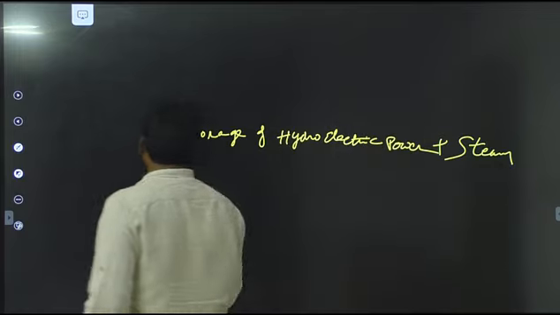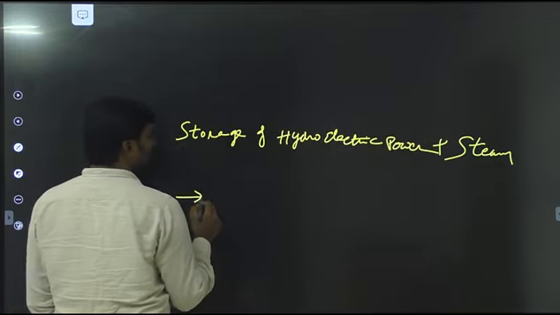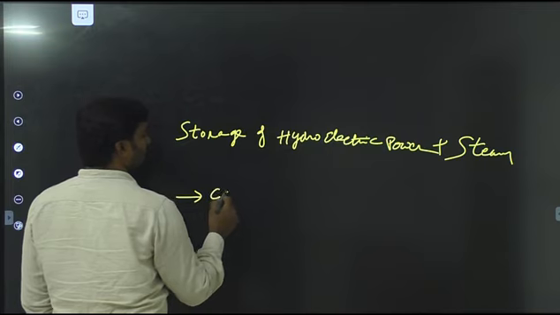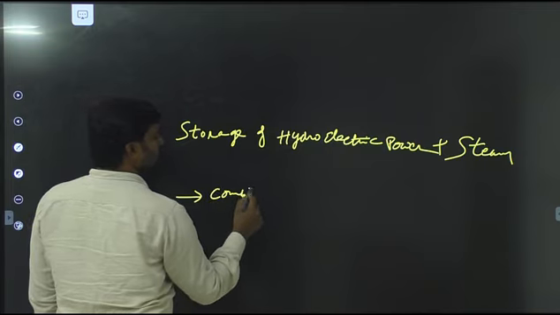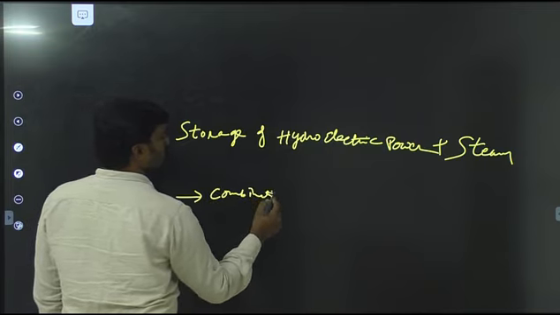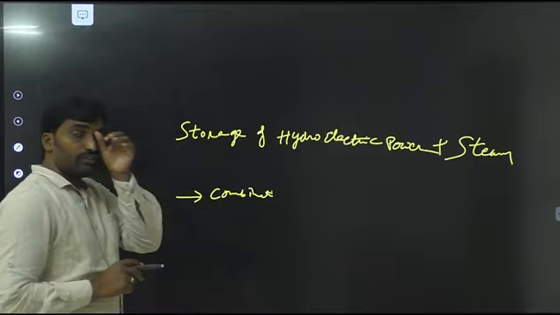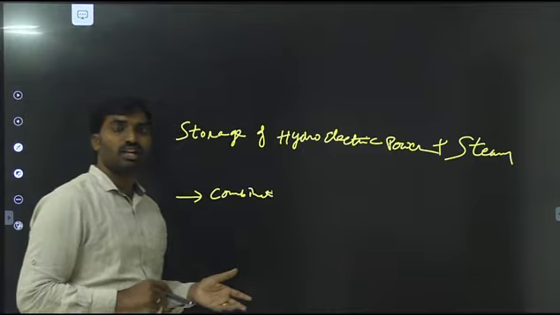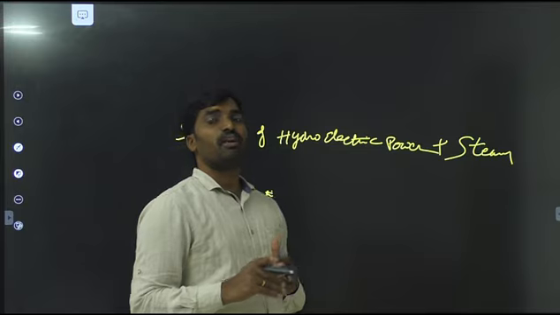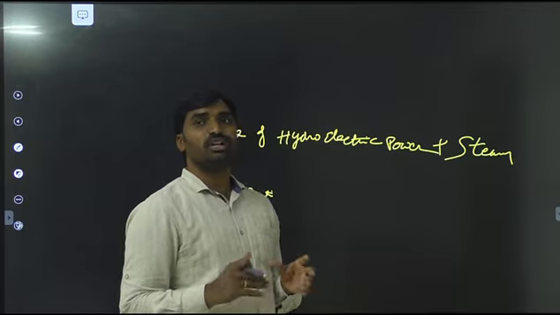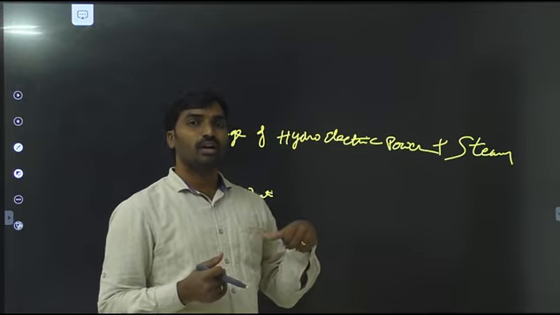So here also it is a simple thing. When we require the maximum load, at that time we run the steam power plant. Maximum load is a combination of steam and hydroelectric power plants.